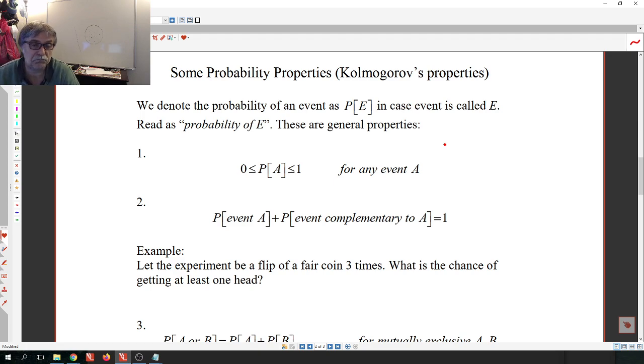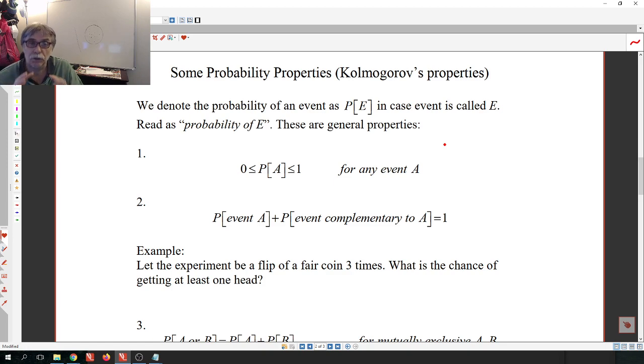First of all, he went with the idea that the probability must be an assignment to an event. Whenever you have an experiment, you will have an outcome. Once you have outcomes, you will have the set of all outcomes, which we call a sample space. And once you have a sample space, you can get an event. Anything that is a subset, a sub-collection, of a sample space is an event.